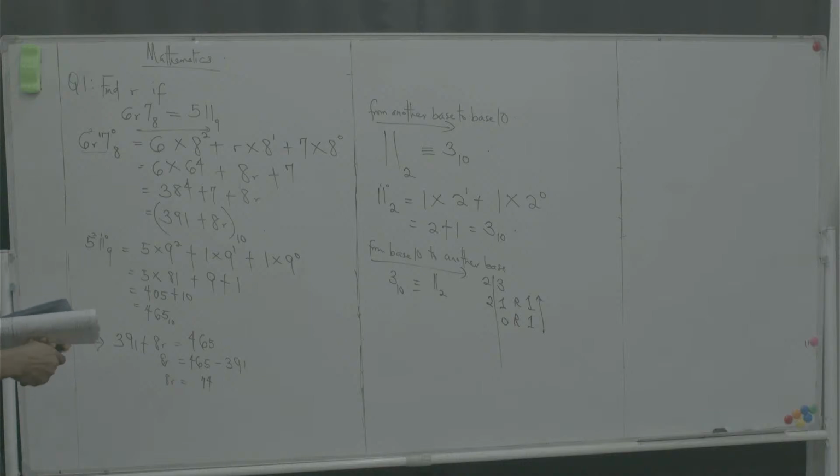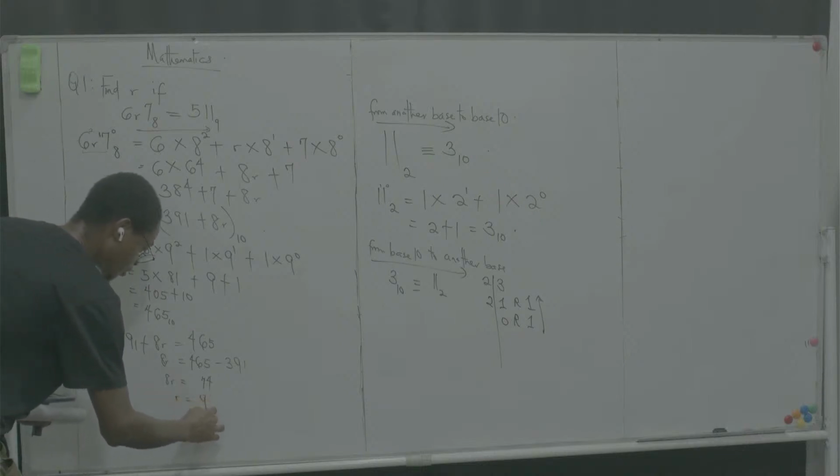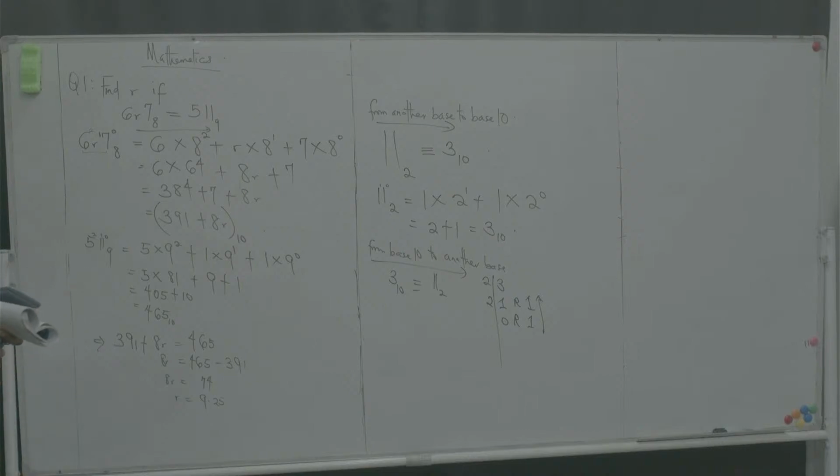Or you said 9 and 1 over 4. You decide to like so. r will be equal to 9.25. And don't forget that this value of r is in base 10. So it's now left for you to decide, okay, do I want to convert this value of r to base 8? That's left for you to decide.